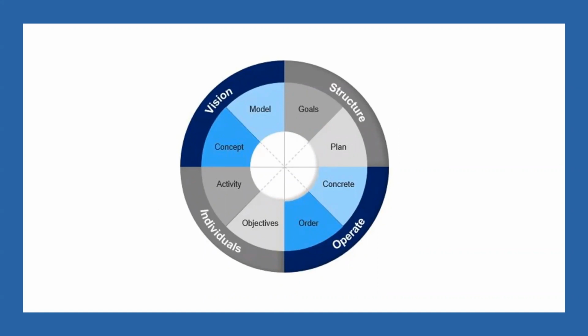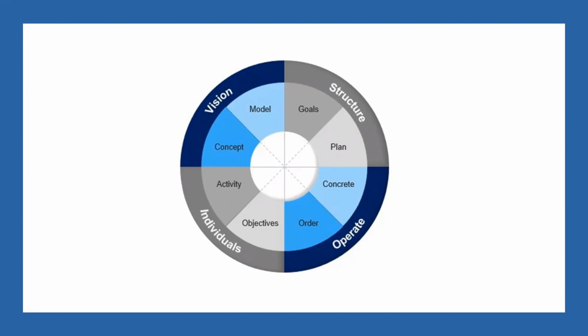And these ways in which individuals relate to the world around them is critical. And he said that if you focus on only one piece of this pie, for example, plan or activity or model, it will not work. You have to connect the dots.